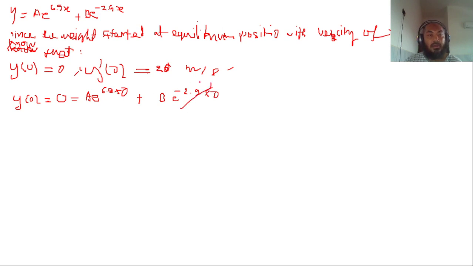So this one is 1, this one also 1. Alright, so we got a plus b equal to 0, so a equal minus b.